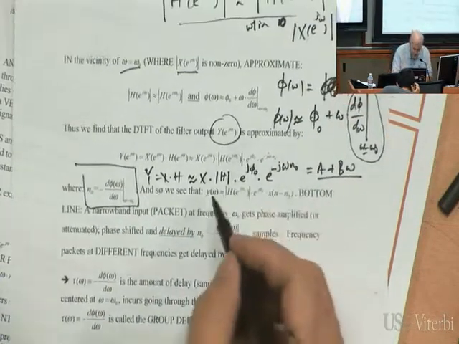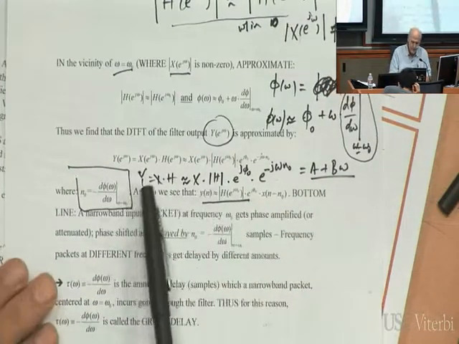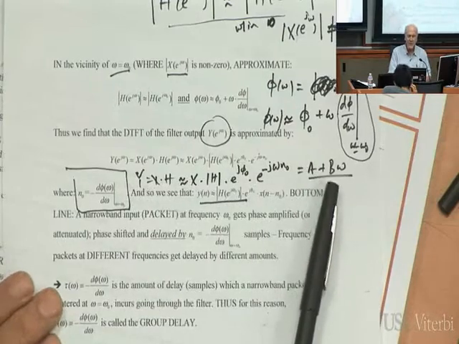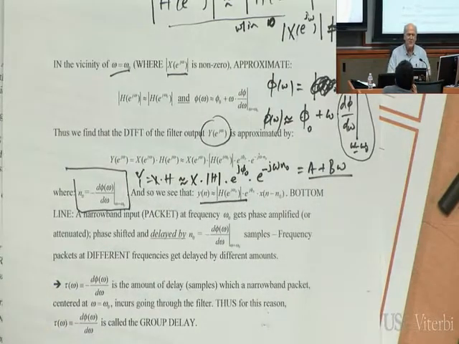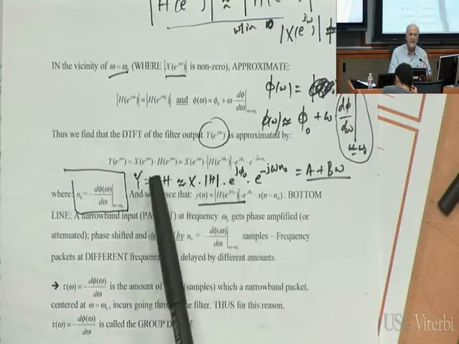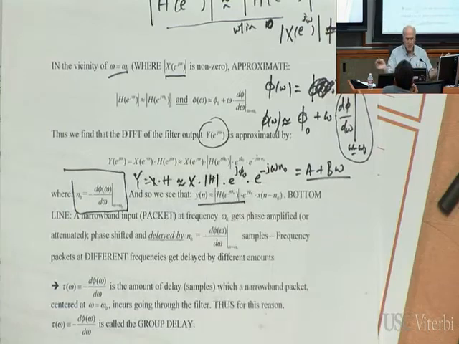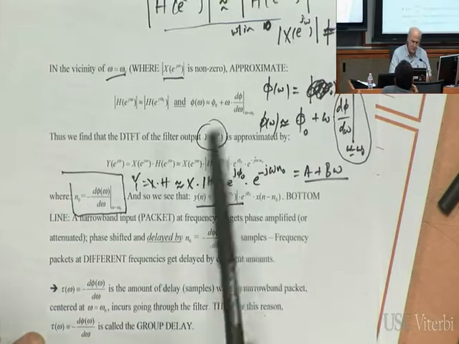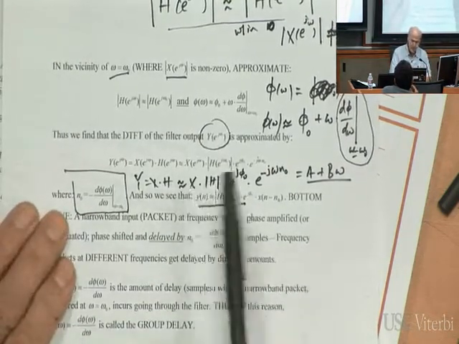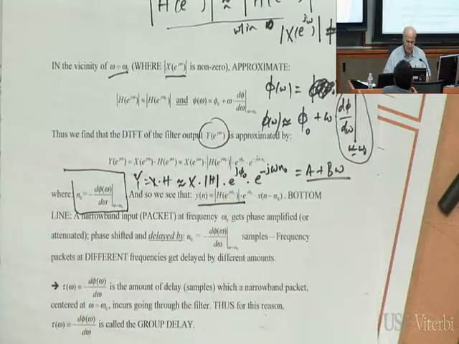So basically this is the DTFT of the filter output, assuming a very, very narrow band input x of n with DTFT capital X of omega.